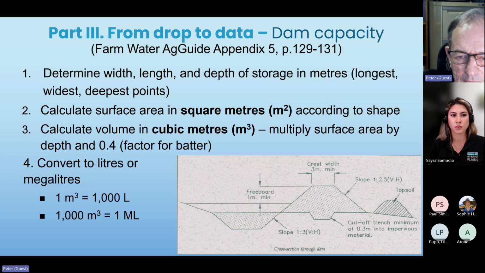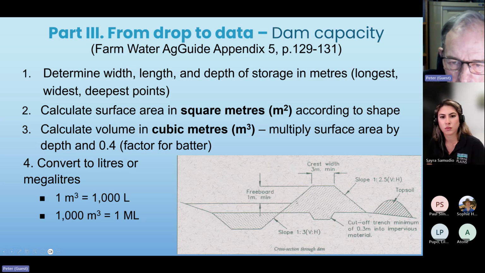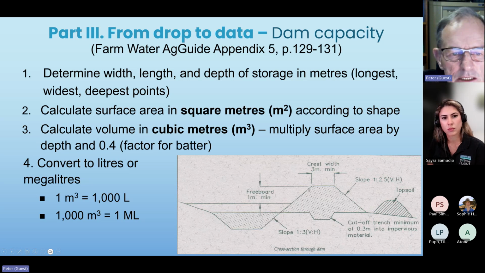In the diagram down here, you can see this would be a dam wall up here, and the slope of the wall and any excavation into the ground is what's called a batter, and we are assuming a slope of 1 to 3, which is fairly standard.